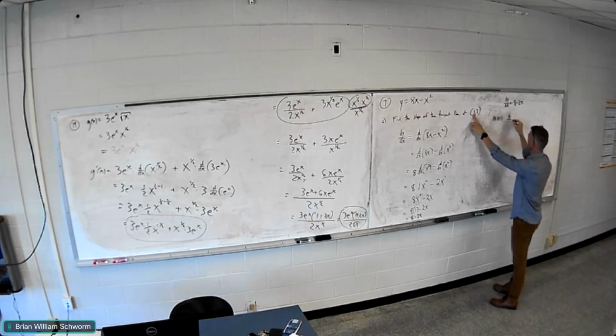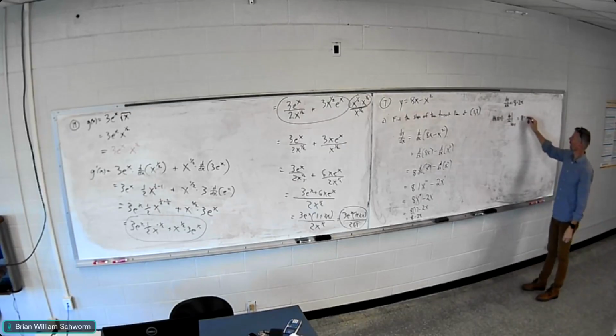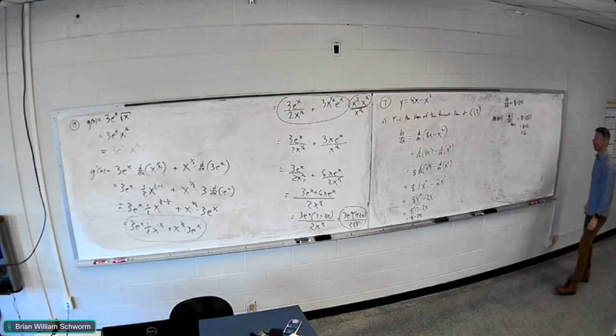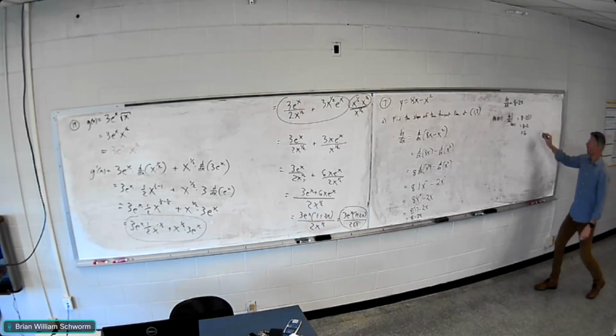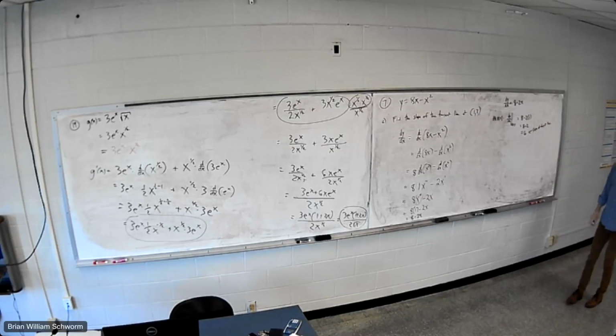The derivative evaluated at x equals 1. Just plug in 1 for the x. So this formula, I get 6. So that's the slope of the tangent line. So that's the answer to part A.